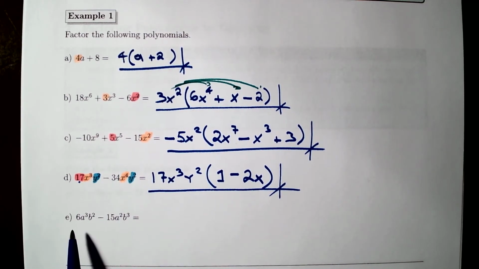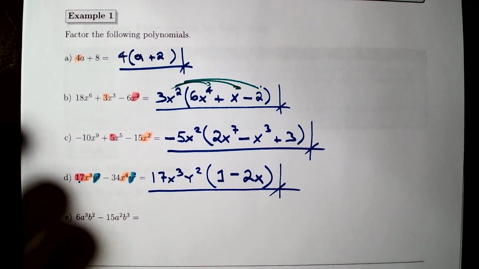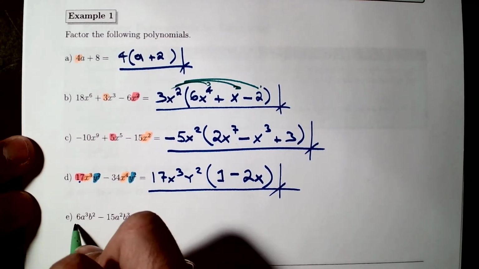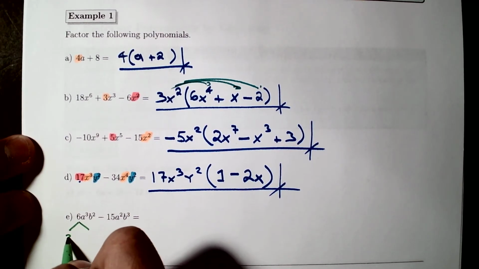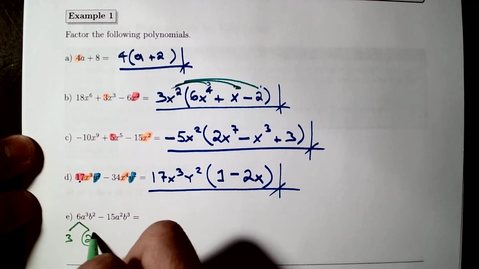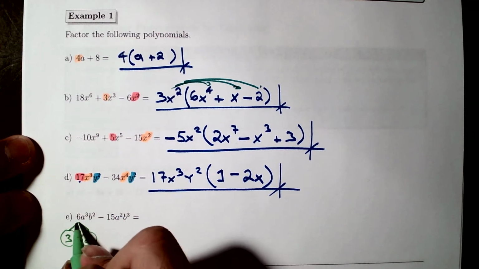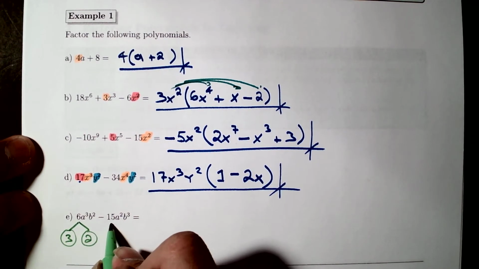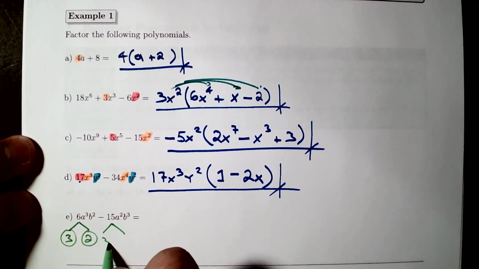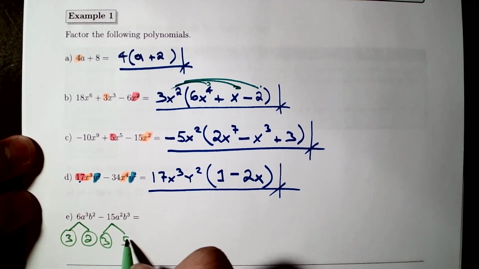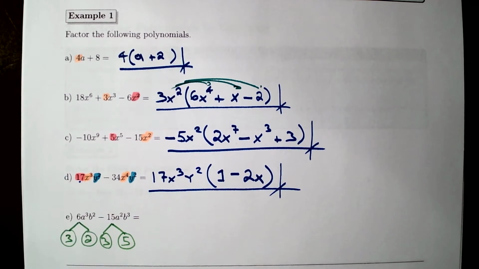So when we have two numbers where one of them is not a multiple of the other, what we do is prime factor each number. So 3 times 2 equals 6, and 3 times 5 equals 15.